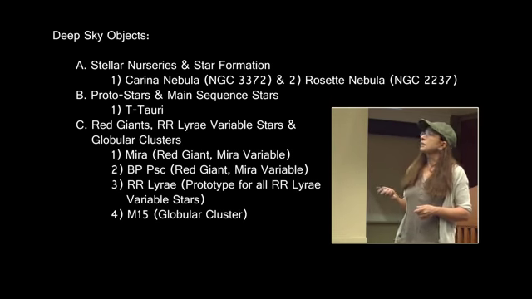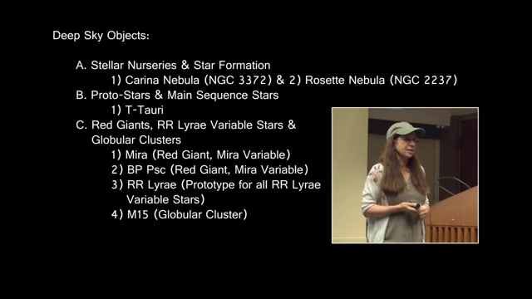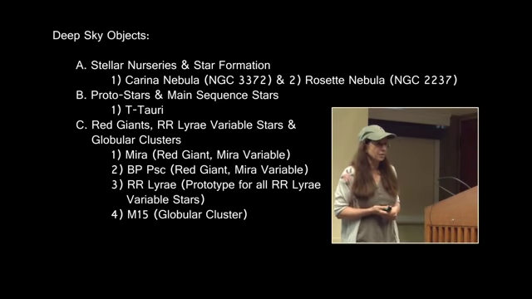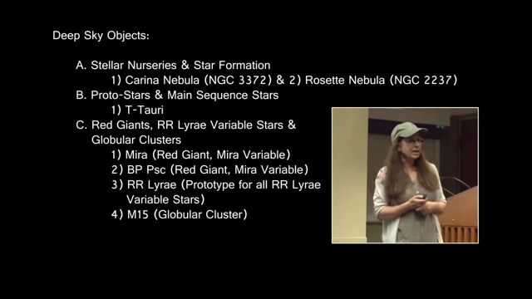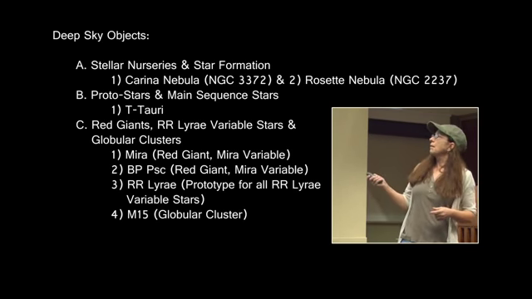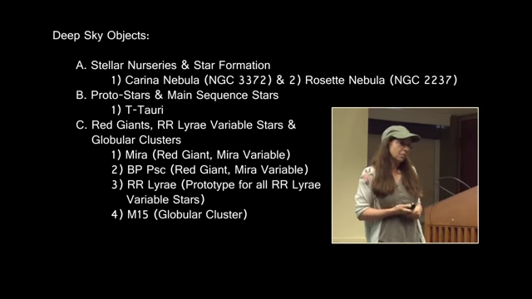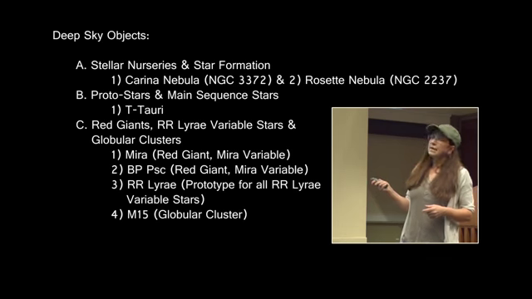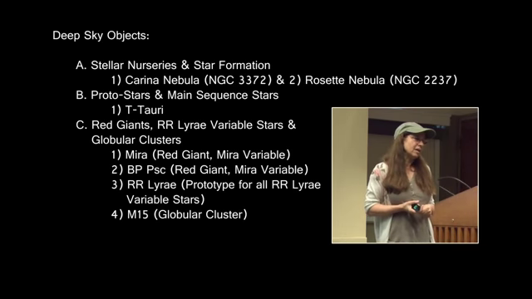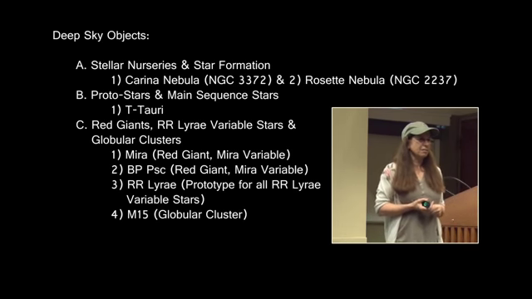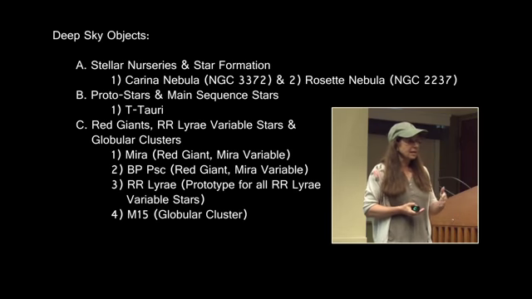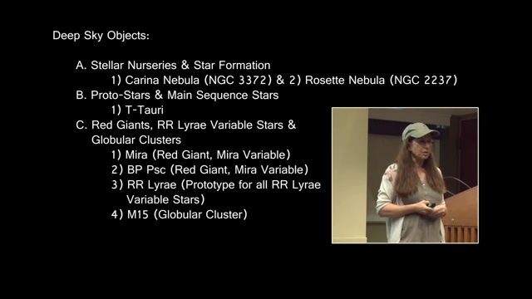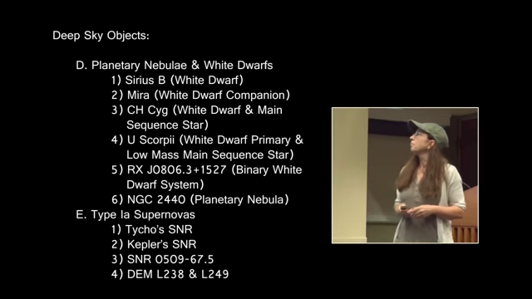And then we have some red giants, because that's also a stage of evolution in order to get to the type 1a supernova event. I have some examples of red giants here, Mira and BP Piscium. And then I have R Lyrae and globular clusters, which might seem an odd place to categorize with red giants, but as we go along, I'll explain the association among those.